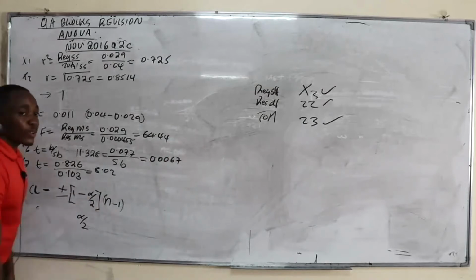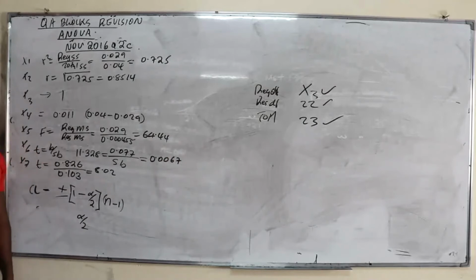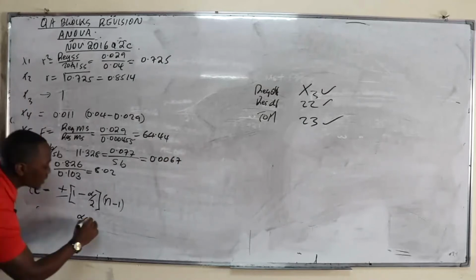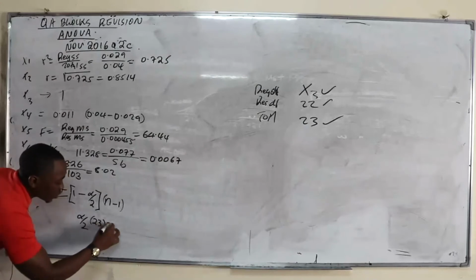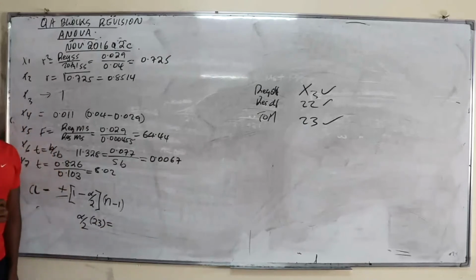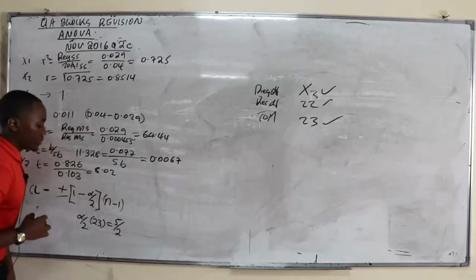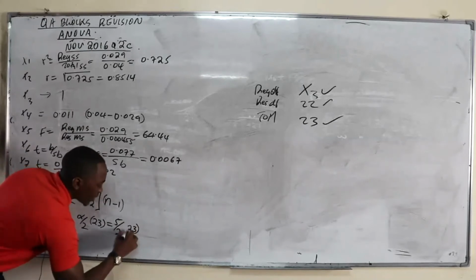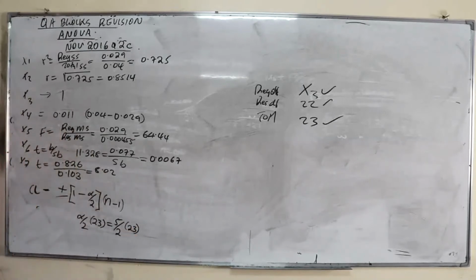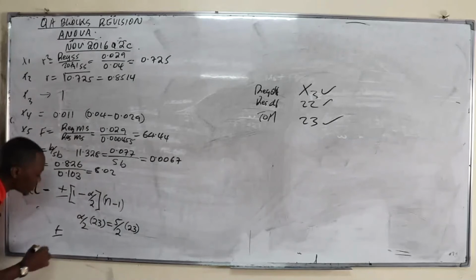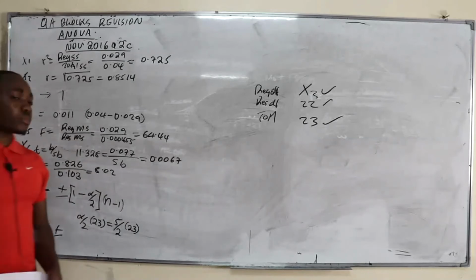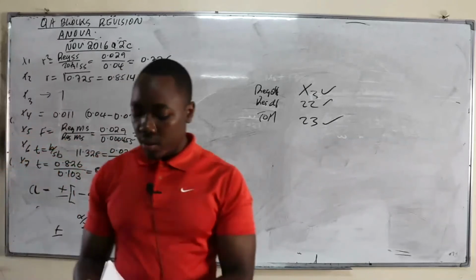So n minus 1, how much is it? It was 24 minus 1, you get 23. So alpha is how much? 5, because we are to be 95% confident. It's 5 over 2, and then you go where the degrees of freedom is 23. So it will be plus or minus what? Go to the T table.